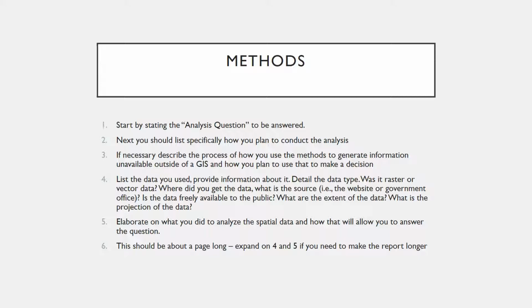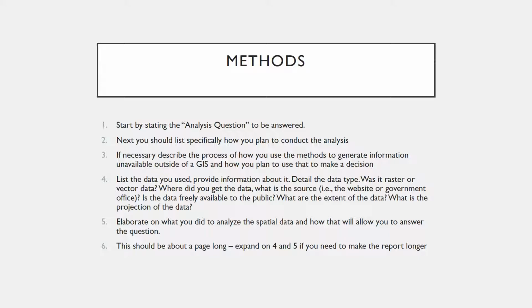Then you could go on to say, to identify the right elevation, I acquired a digital elevation model from the United States Geological Survey. This data was in a raster format. It was collected in such and such a year. The cell size is this, the extent is that. You can go on and on about these things on both of these.